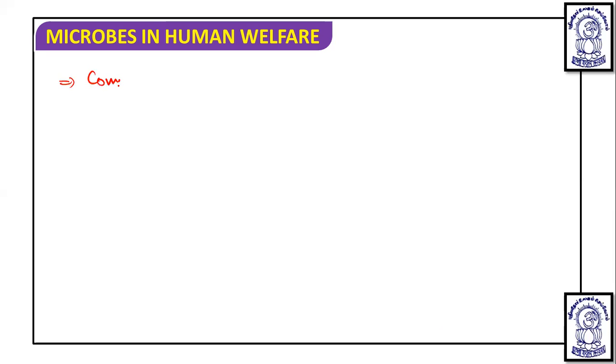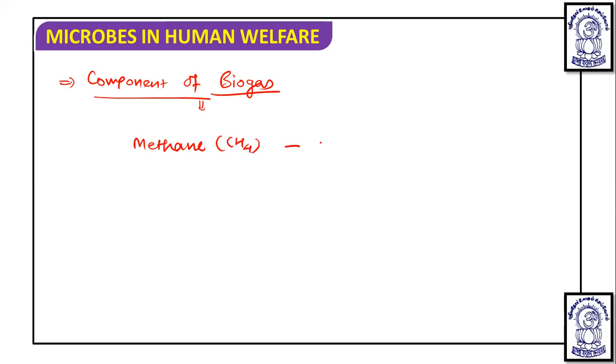So if we talk about the components of biogas, we remember that the components of biogas involve methane, that is CH4, and it is 50 to 70% of this biogas, which is highly inflammable.